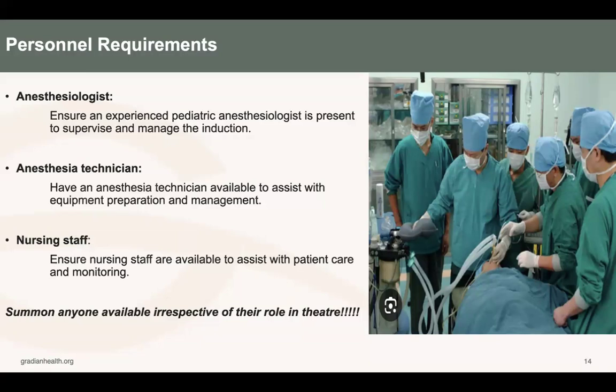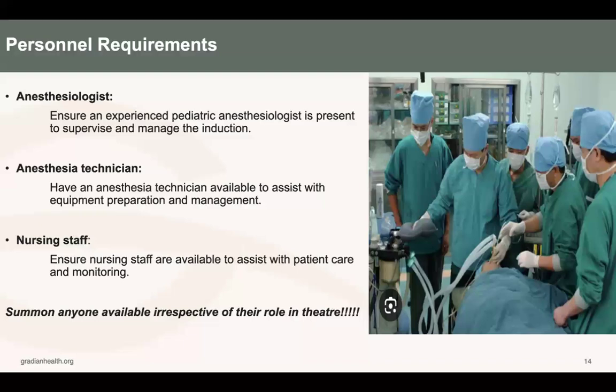A pediatric anesthesiologist should be available. If not, at least you must have a senior who is more experienced available in case you run into problems.